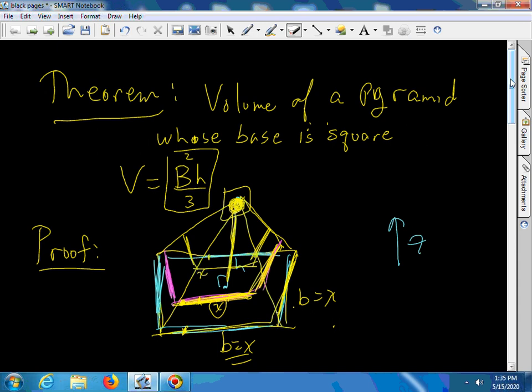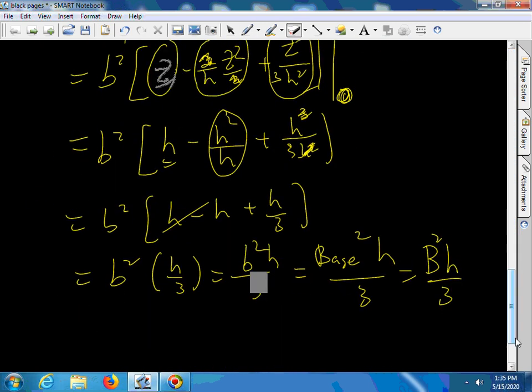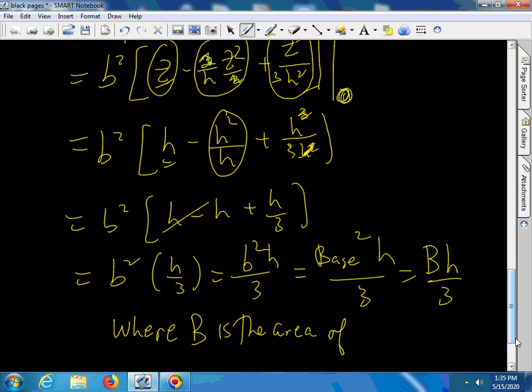Now, let's just call it big B. Big B is the area of the base, where big B is the area of the base, better known as b squared.